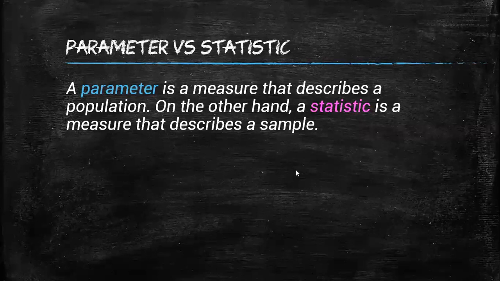What is the difference between the two? Kailan natin masasabi na siya ay population and kailan ba natin masasabi na siya ay sample? Anyone from the class who would like to differentiate the two?